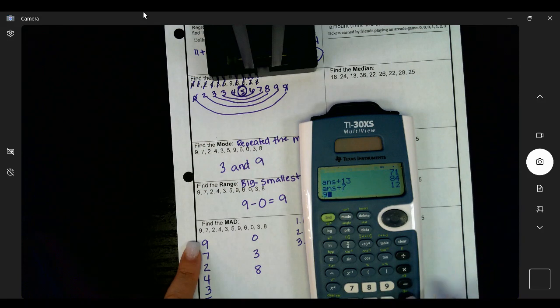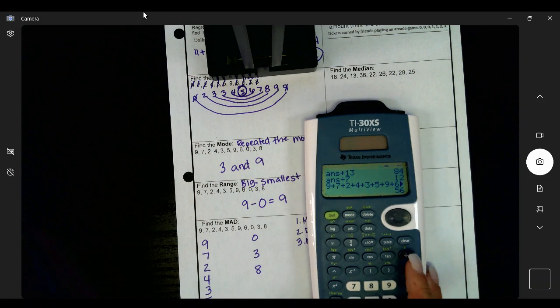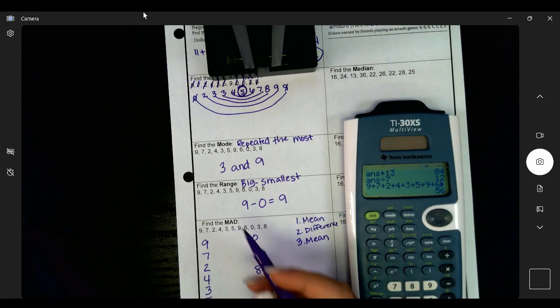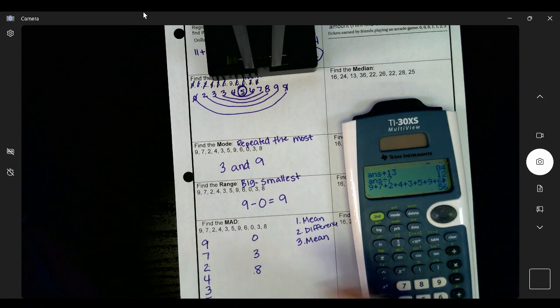So I've got 9 plus 7 plus 2 plus 4 plus 3 plus 5 plus 9 plus 6 plus 0 plus 3 plus 8. So I got 56. And then I have to divide it by how many numbers I have, which is 1, 2, 3, 4, 5, 6, 7, 8, 9, 10, 11. So I'm going to divide that by 11.